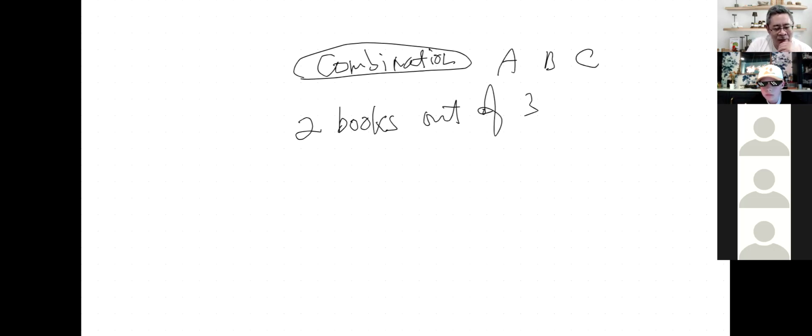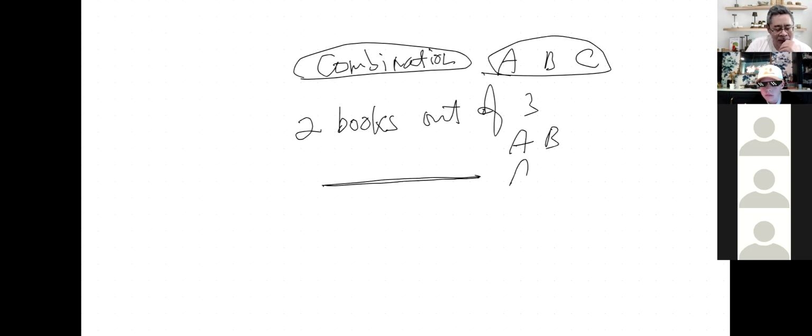Well, actually, let's go back to something simpler. Let's say we want to pick 2 books out of 3. Let's say it's A, B, C. Now, if we put them on the shelf, that is, the order matters. So we can have AB, AC, and BC.